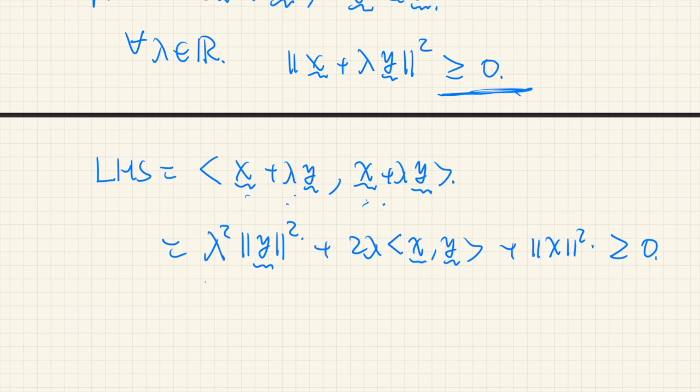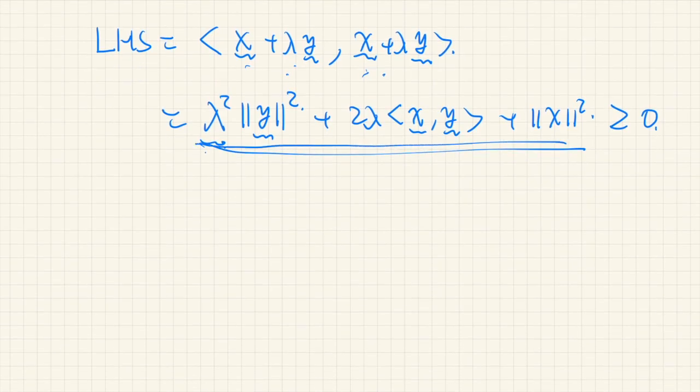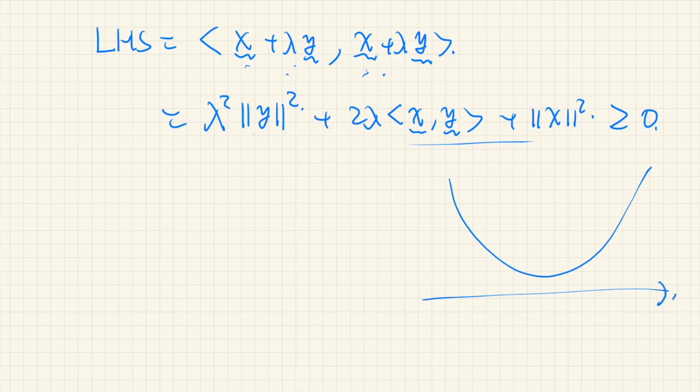But the left-hand side here is a quadratic polynomial, a quadratic form of lambda, right? So if you consider this as a function of lambda, and it is always greater than or equal to 0, so let's plot this as a function of lambda, then the minimum point is greater than or equal to 0, right? So that means the discriminant of this quadratic form should be non-positive.